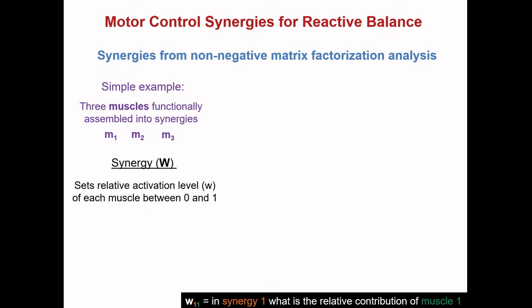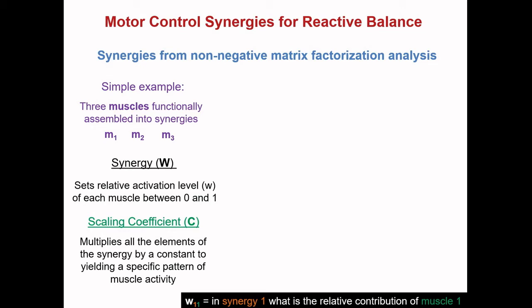Each synergy is going to be symbolized in this explanation with the letter W. The organization of each synergy is defined by the relative contribution of each muscle. If a particular muscle does not contribute to the synergy, then the activation level is going to be set to 0. If it contributes maximally, then the activation level is going to be set to 1.